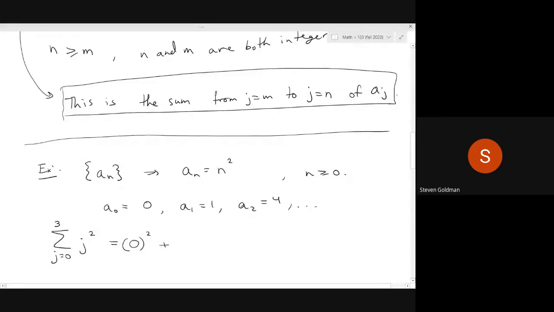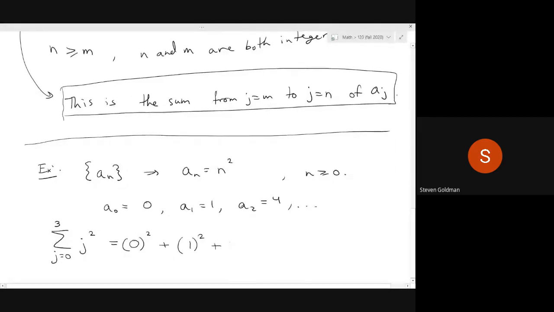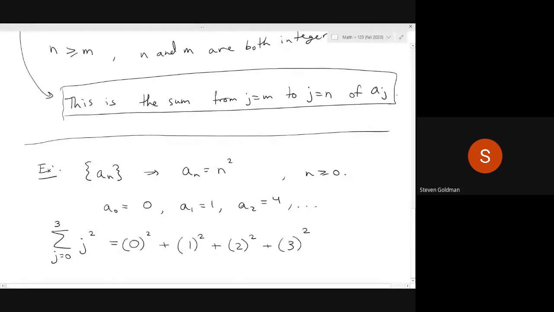Then I want you to do the next term of the sequence. So after 0, I have to plug in 1. I would get 1 squared. Plus, then I go to the next integer, 2. That's 2 squared. Plus the next integer would be 3. That's 3 squared. And I stop when I reach n, when I reach 3, the number on top.